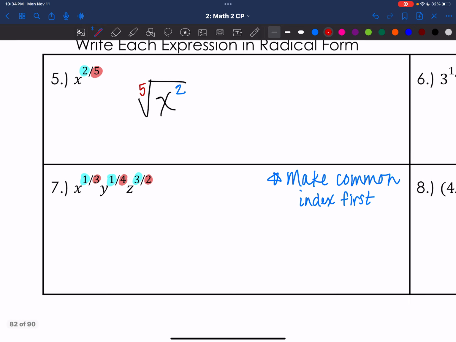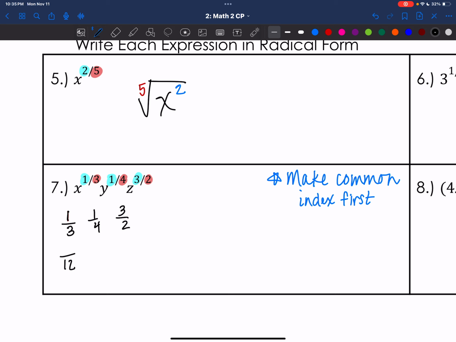That's it. Now number 7 is a little tricky because for this one, they do not have a common index number. So think of it like a common denominator. You want to get a common index first so you can put it all under the same radical. So if we were to have 1/3, 1/4, 3/2, I would make them all with 12.